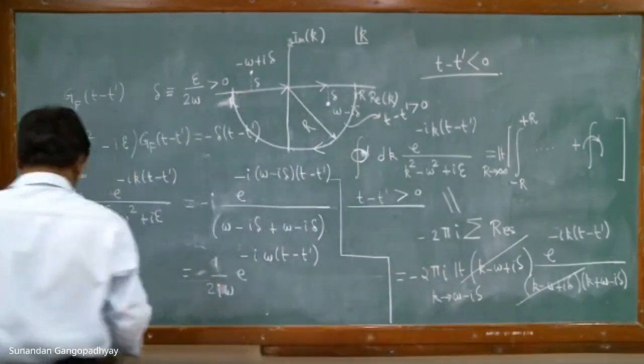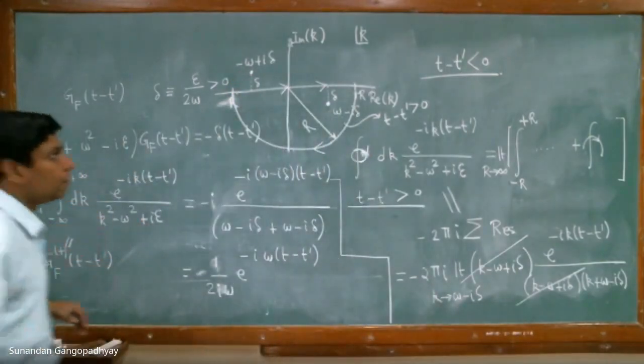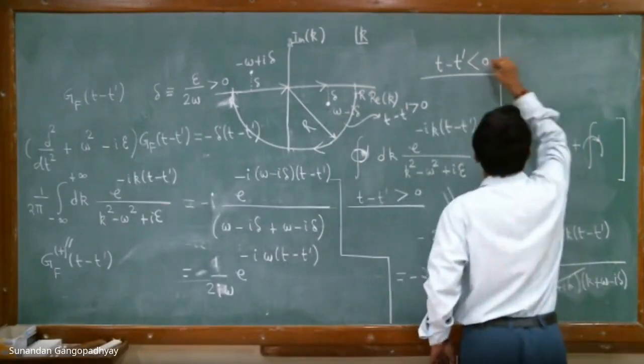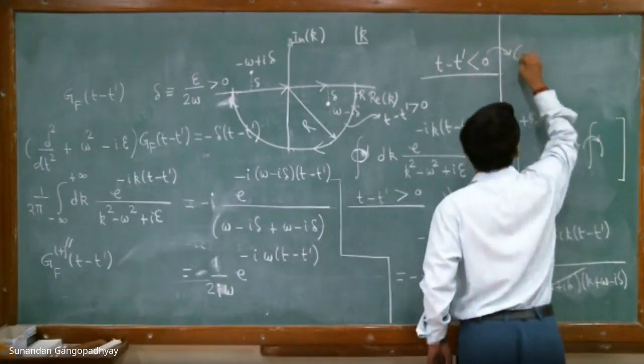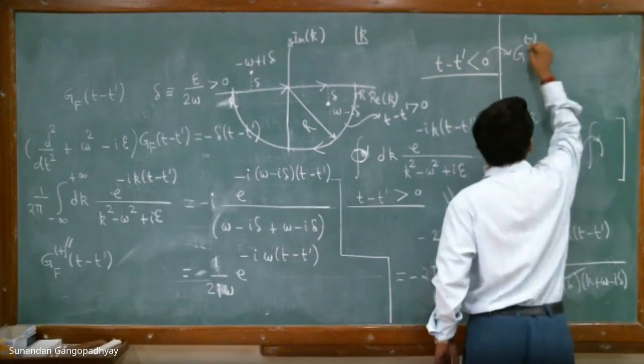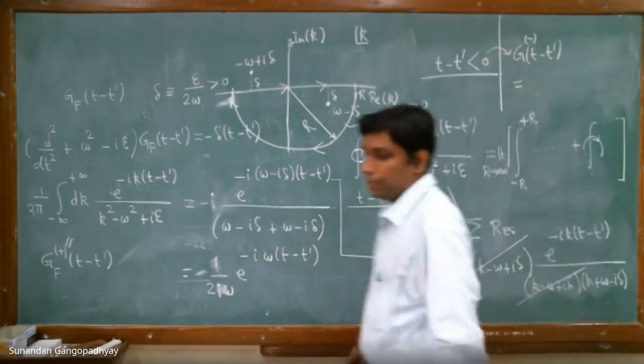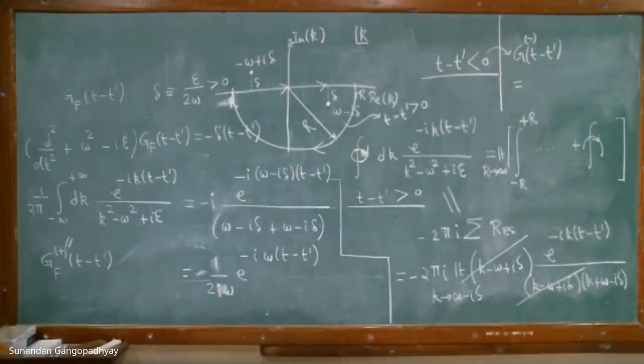And then, if you do the same calculation, please complete it yourself. For t minus t prime less than 0, I shall call this g minus t minus t prime. Please do this calculation and convince yourself that you get this result.